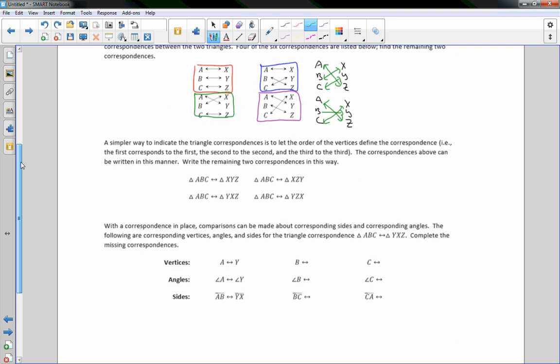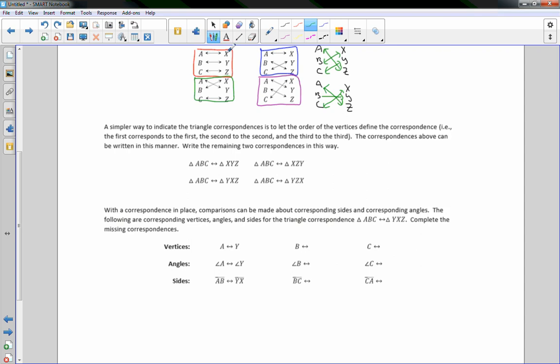So let me show them. So we have A is to X. So A is first, X is first. B goes to Y. B is second, Y is second. And finally, C goes to Z. C is to Z. That is this one right here. Now, if I keep doing that, I'm just going to point this out to you.